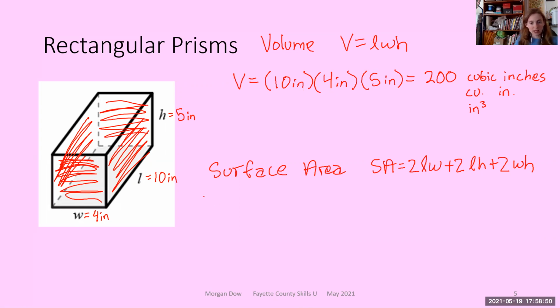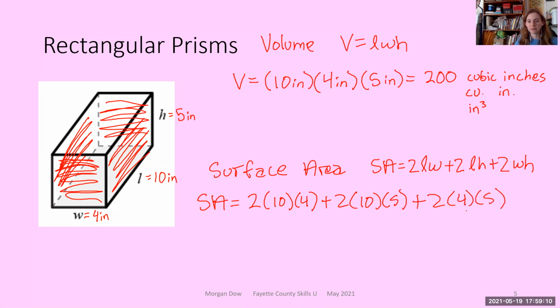So let's go ahead and calculate the surface area of this rectangular prism. So it's going to be 2 times 10 times 4 plus 2 times 10 times 5 plus 2 times 4 times 5. So we just got some multiplication and adding to do. I'm going to follow the order of operations.